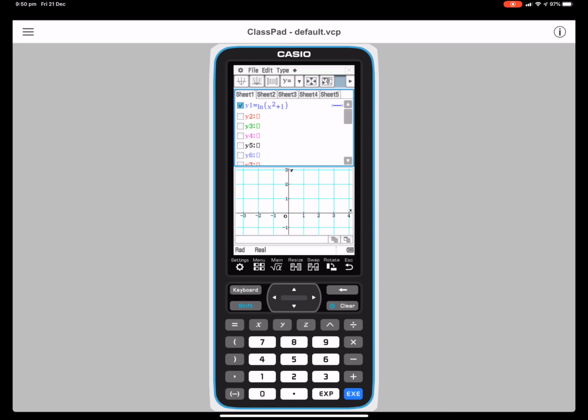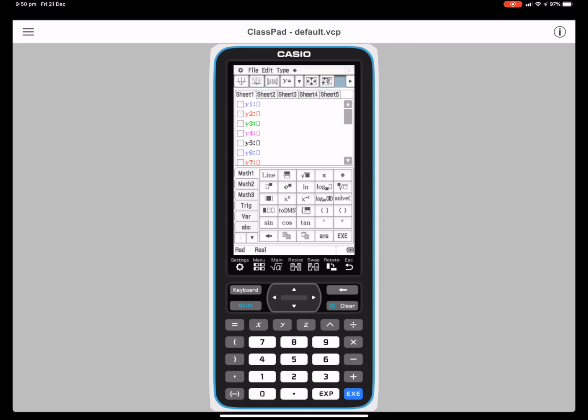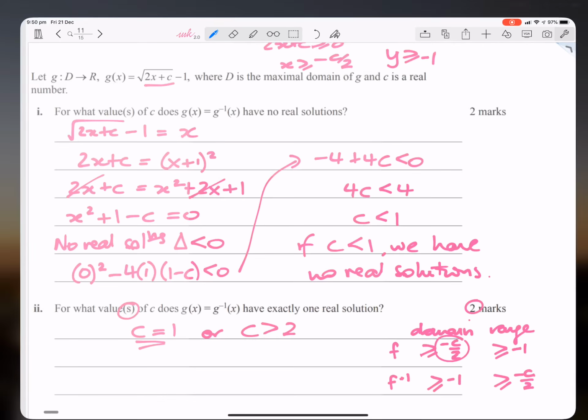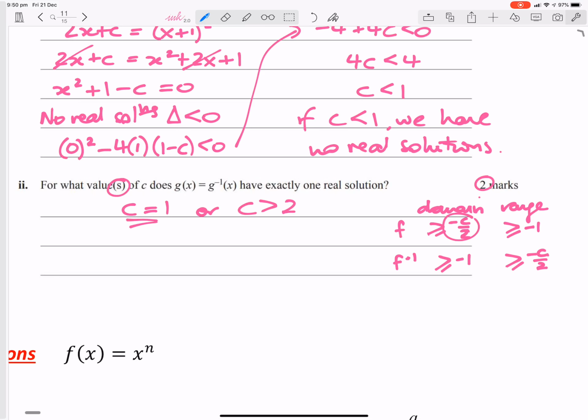So if we do it on here, on my CAS, root 2x plus c minus 1. Okay, so if we bring up c, we can also find the inverse. So what do you have? Root 2x plus c minus 1 equals y.